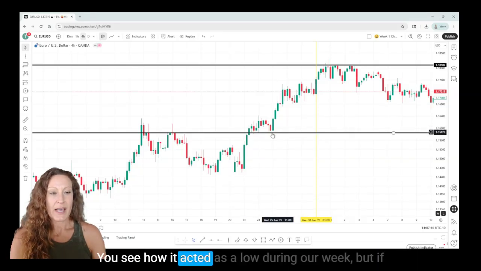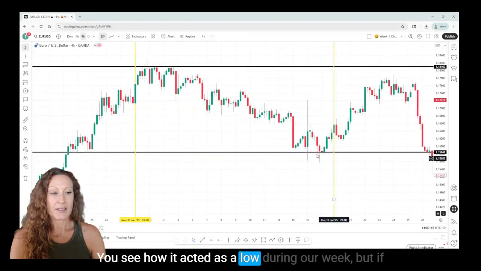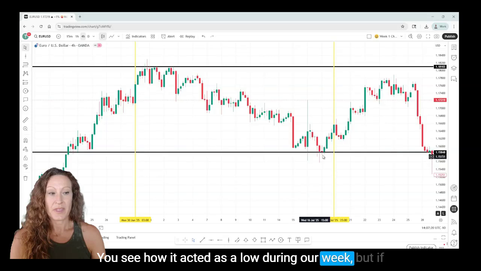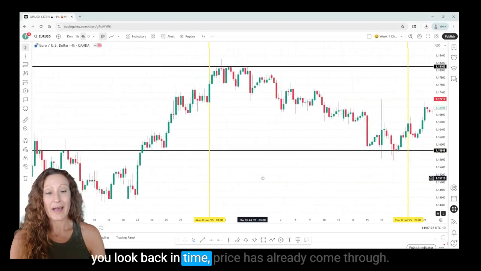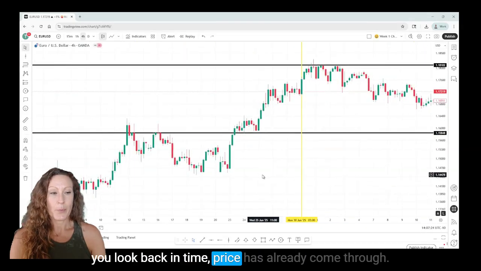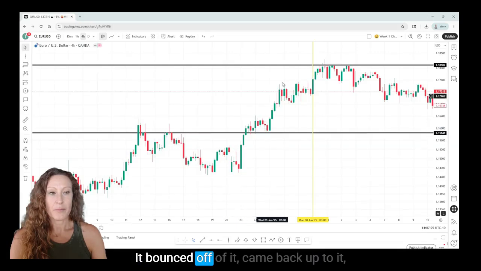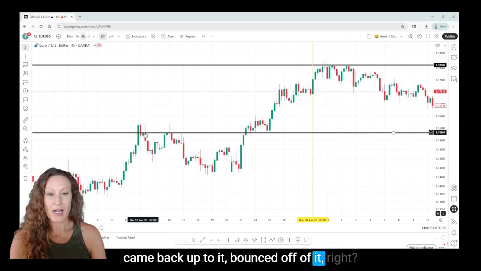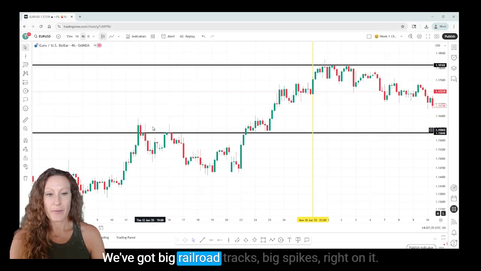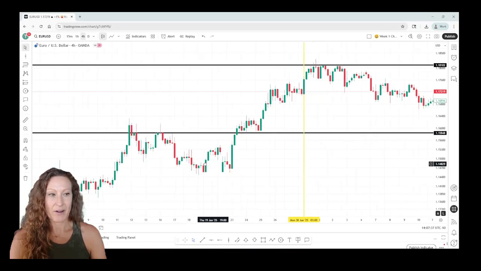You see how it acted as a low during our week. But if you look back in time, price has already come through it, bounced off of it, came back up to it, bounced off of it, right? We've got big railroad tracks, big spikes right on it.